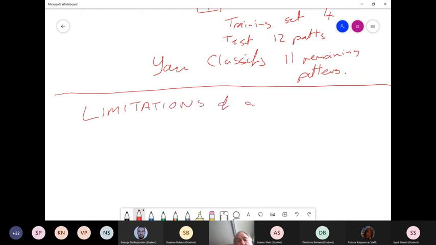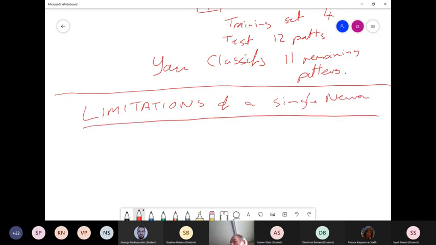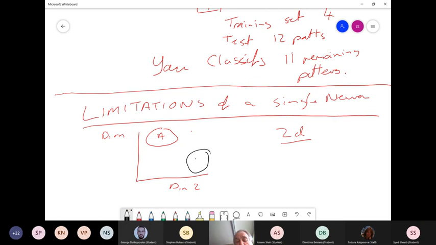Of a single neuron. And let's take a well-behaved problem. I've gone down to 2 dimensions, so it's even simpler than the training algorithm, which was 4 dimensions. If I have dimension 1, if I have a cluster of patterns there, A, and I have a cluster of patterns B, these are vector points.